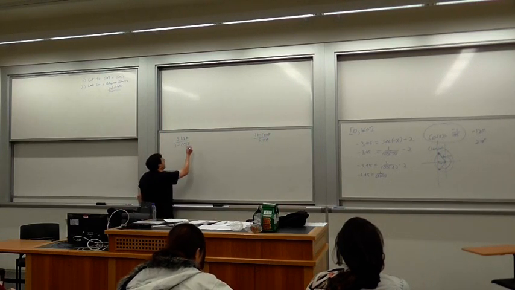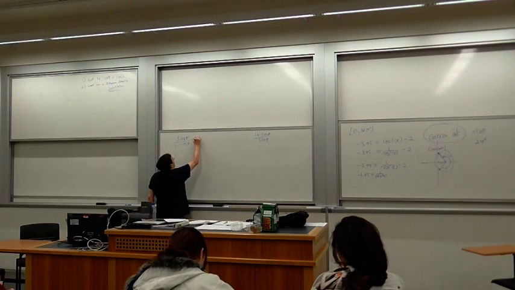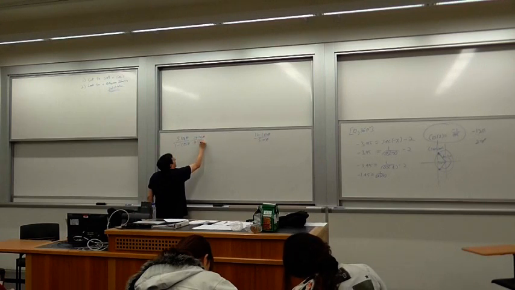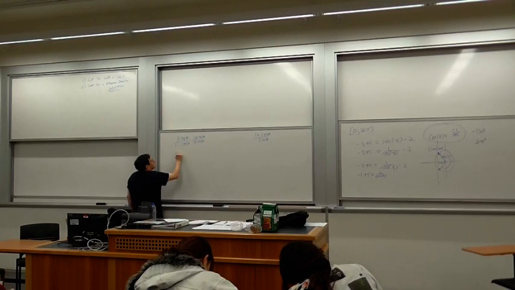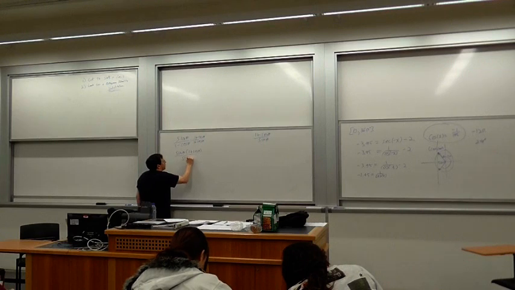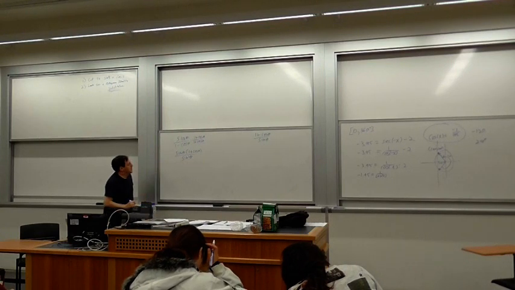So let's try that. Let's multiply this by 1 plus cosine theta, and this times 1 plus cosine theta. And we get sine theta times 1 plus cosine theta over sine squared theta. Okay.